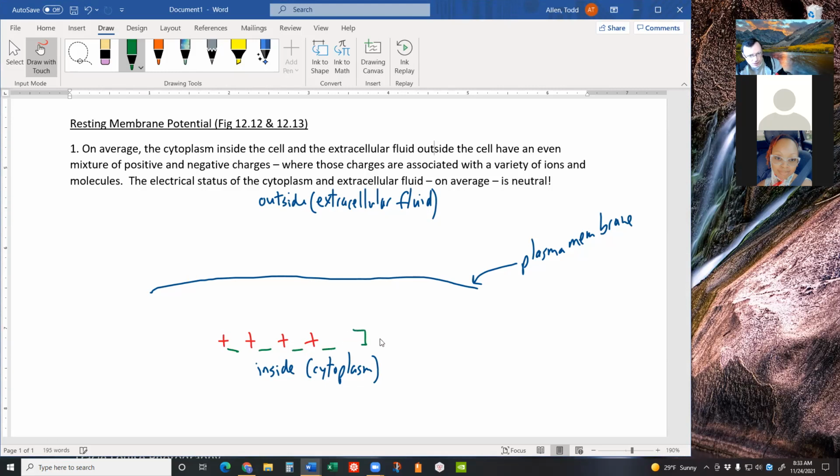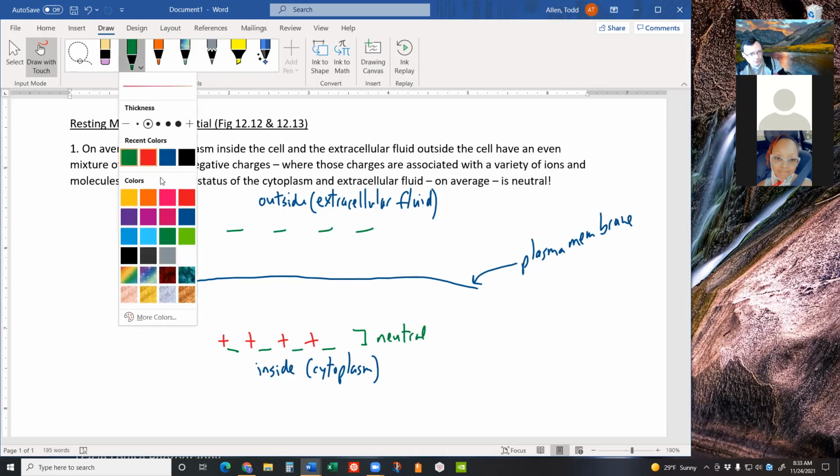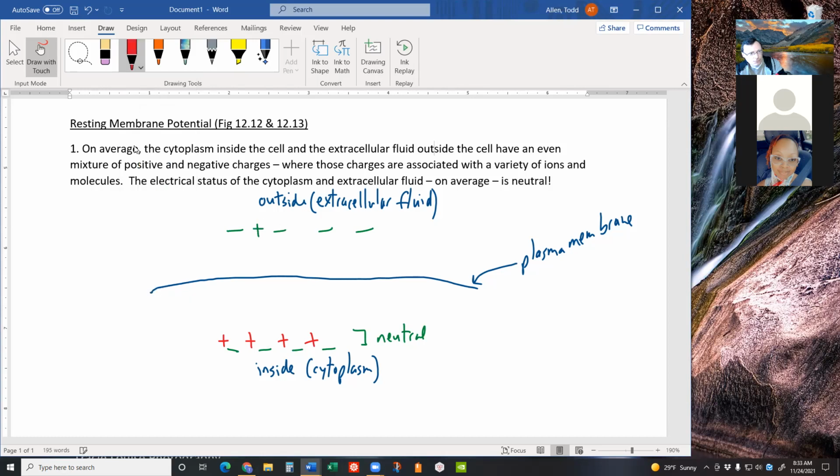So this here is a neutral situation. The same thing is going to be true outside the cell. Sorry about that. My colors are not working here. Okay, so this is also an approximately neutral environment.